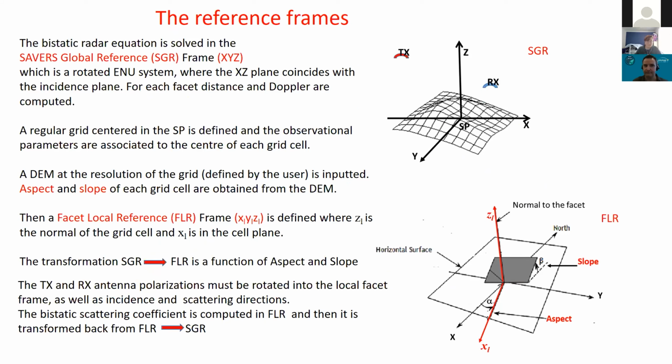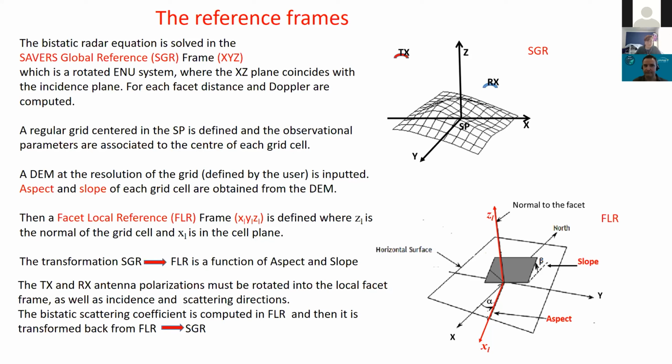And in this system, the bistatic radar equation is solved. So in this system, we have the different elements inside the antenna footprint, and for each element, the distance and Doppler are computed.